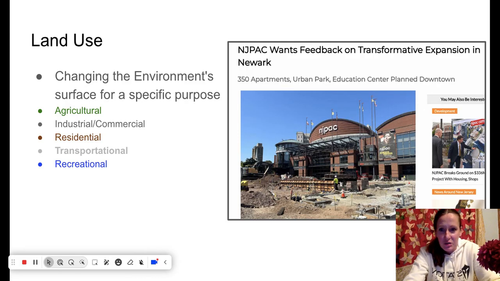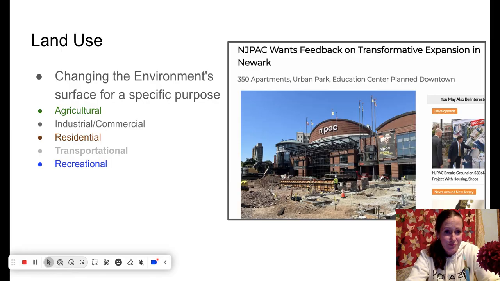All these things. So it could be agricultural, it could be industrial or commercial, it could be for residential purposes, for transportation purposes, or recreational purposes, such as this here happening in Newark. So they're changing some of the land, which was probably already altered, right? But to put in recreational areas as well as residential areas.